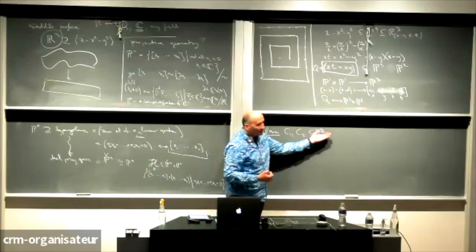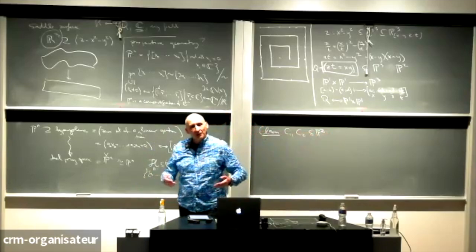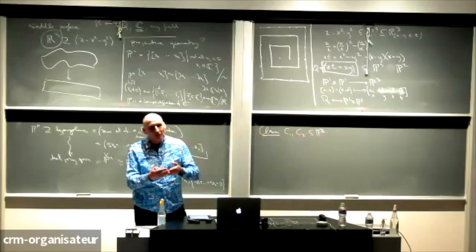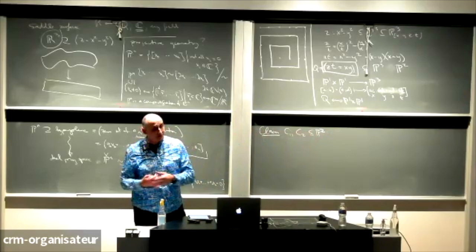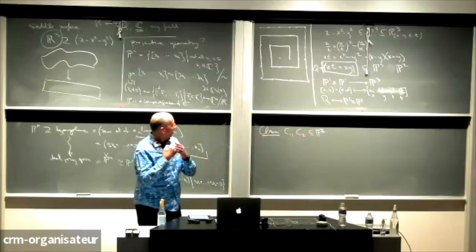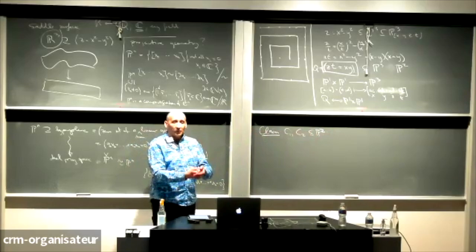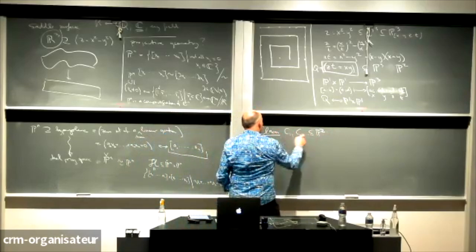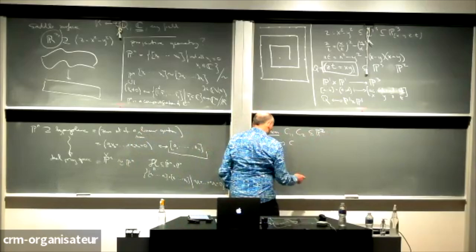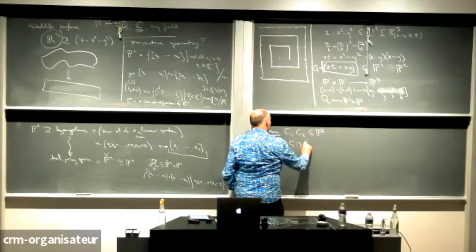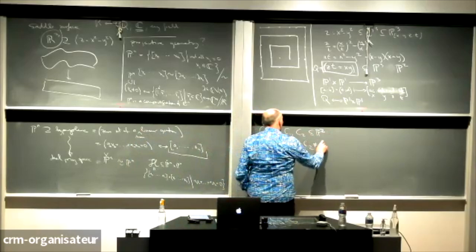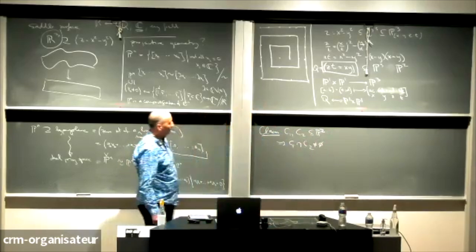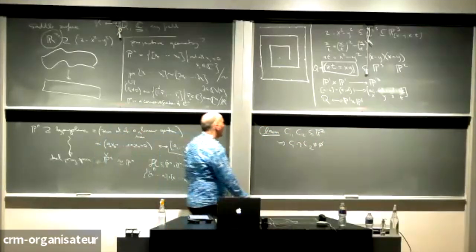If you prefer, take P2 as a complex manifold and take two compact complex Riemann surfaces. So two compact one-dimensional complex submanifolds. So the claim is that then they intersect. Okay, so why is this?